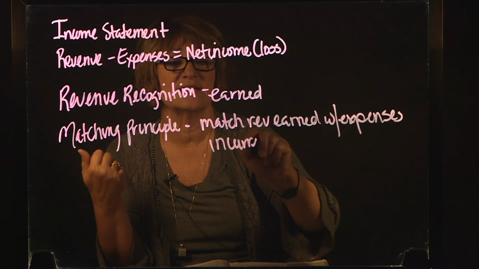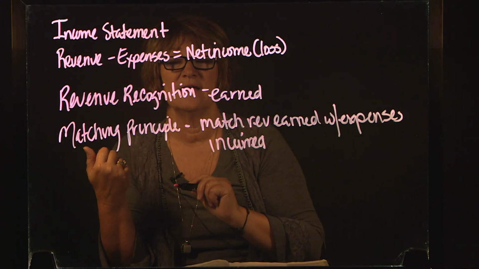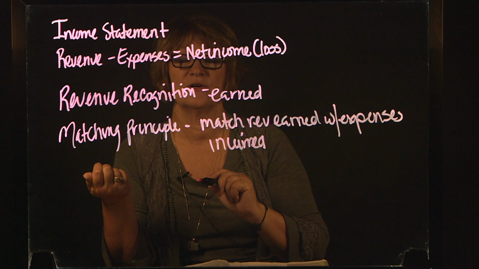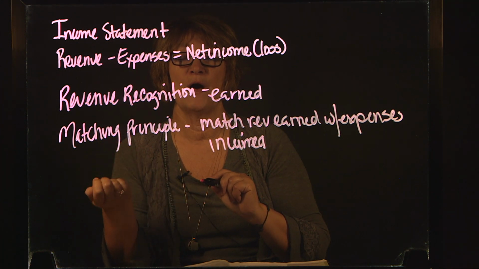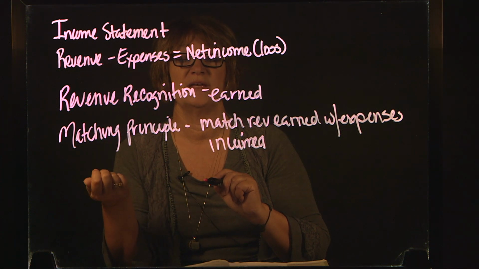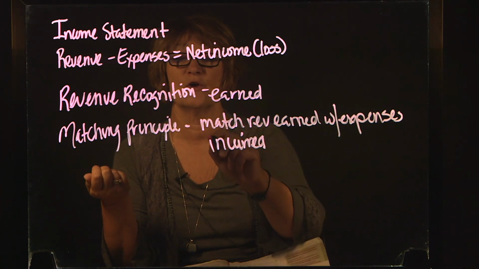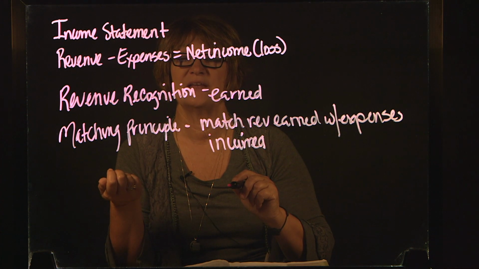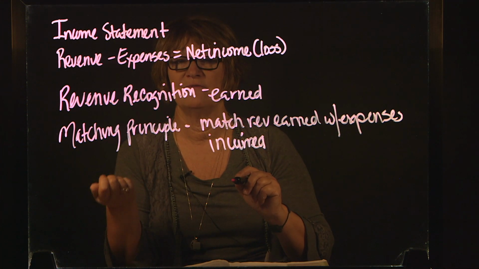So that means if I mowed the lawn and they're going to pay me next week, I record that in my accounting records. And I bought gas, but I don't have to pay the bill for 2 weeks until the next month because I bought it on a credit card, I would still include the gas expense, even though I didn't pay for it.